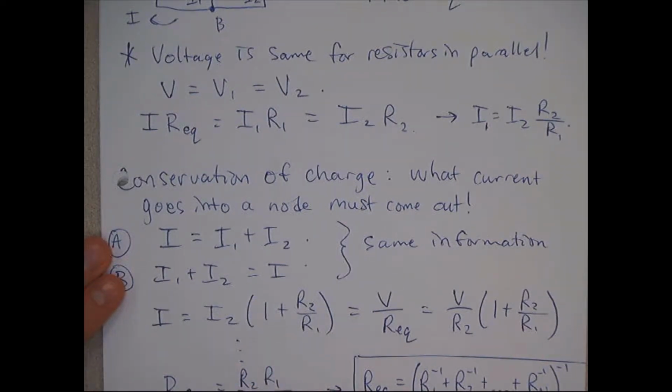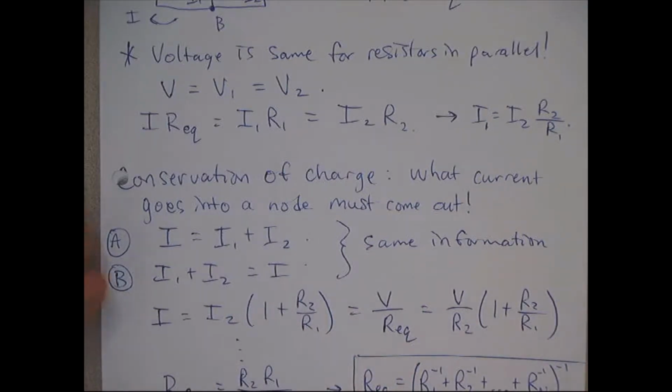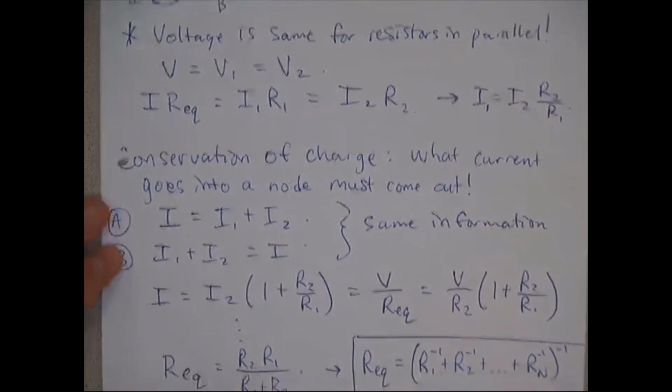And this simple case for two resistors generalizes for n resistors in parallel, so that the inverse of R1 plus the inverse of R2 plus ... the inverse of Rn, all of that inverted gives you equivalent resistance.